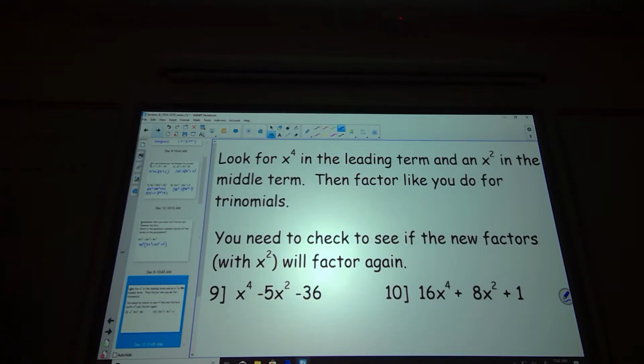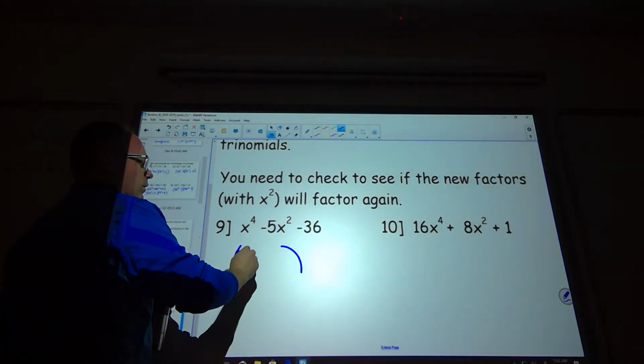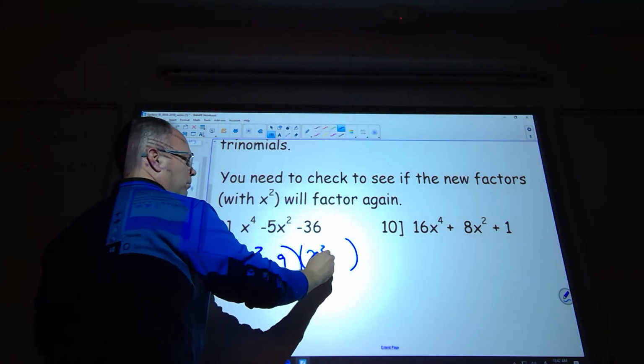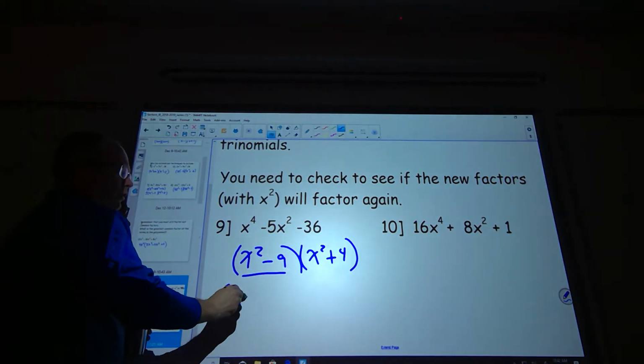All right. So look for the x to the fourth as the lead coefficient and x squared in the middle term. Then factor like you do trinomials. Okay. I think we can do this. X squared, x squared. And we got minus 9 plus 4. This will factor because it's difference of two squares.